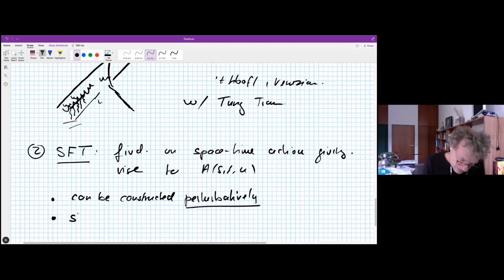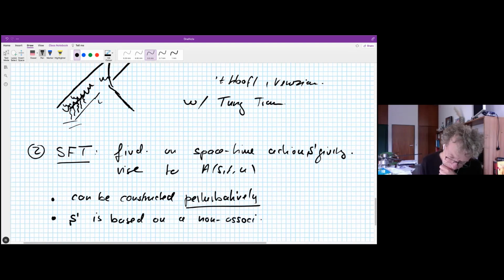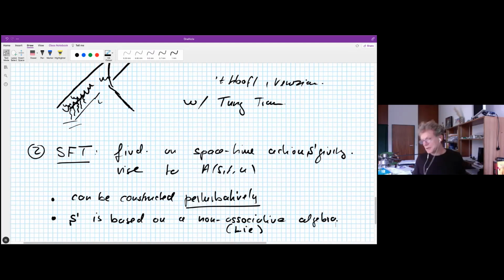Another result is that this action, let's say space-time action S, is based on a non-associative, or perhaps non-Lie, depending on whether you do open or closed string, algebra. What this means is that normally in field theory we can multiply fields with each other.